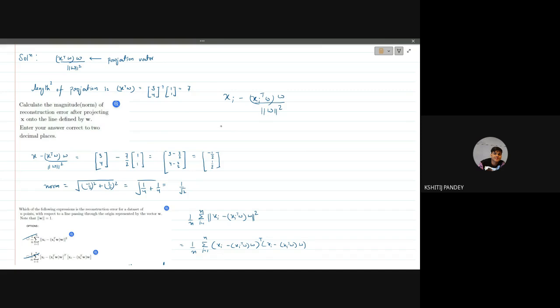We'll just use this here, and here your x vector is this, and your x transpose w is equal to 7, and norm square of w is equal to 2. That's why 7 by 2 here, and this 1 1 is your w vector. Just simplify this, and this is the reconstruction error vector you get. Now if you take the norm of this, you will get 1 by root 2. Is this clear?